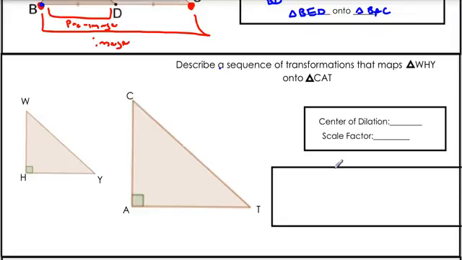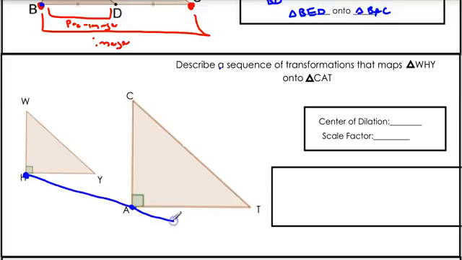All right, let's try another one of these. Now, if you notice here, once again, they're not on top of each other. So what I'm going to have to do is a translation to start this off with. To translate it, you might remember that I need to pick 2 points and translate along that line. So I'm going to translate along HA.